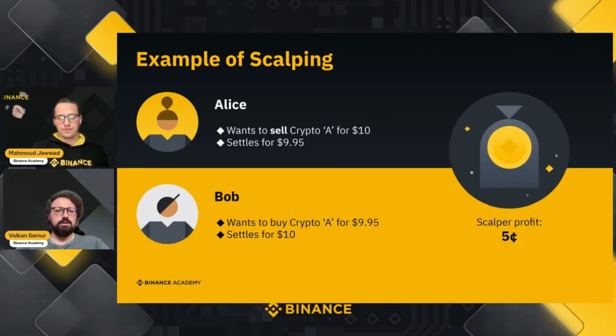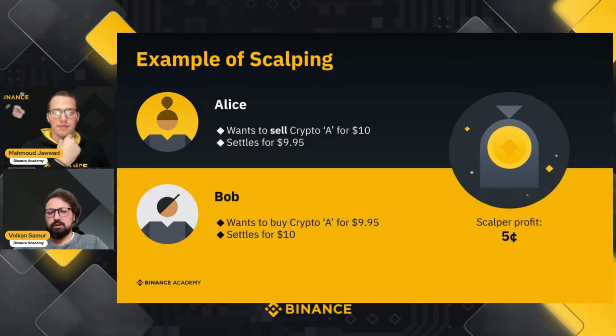Sure, absolutely. So here we have Alice, and again our favorite one, Bob. Let's say Bob wants to sell a cryptocurrency. This is the example I mentioned, right? Bob wants to sell cryptocurrency A for $10, but scalpers and other buyers want it for the lower price of $9.95.